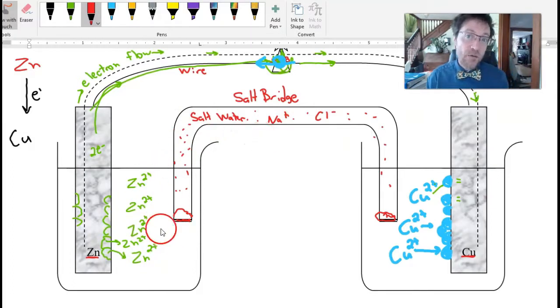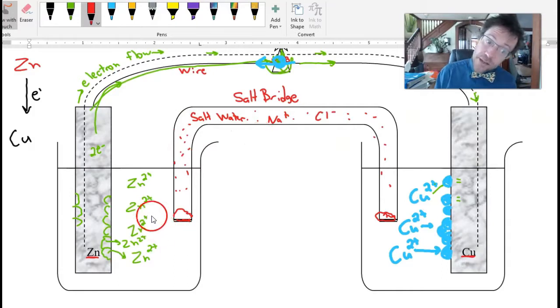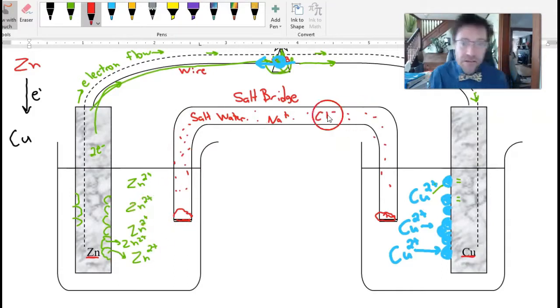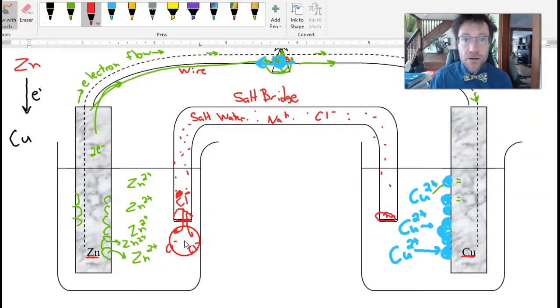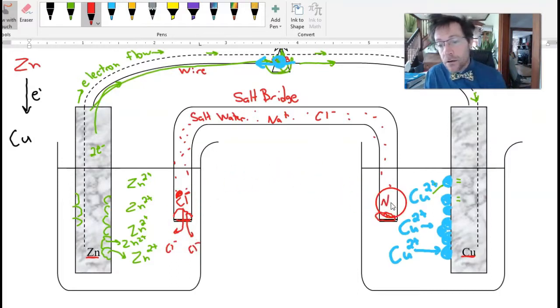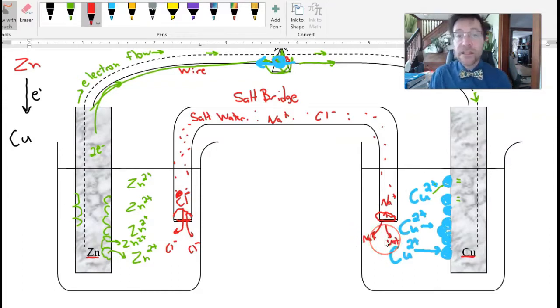As this side becomes more and more positive, we're going to get an inflow of chlorine ions flowing into here to balance the charge. And over here, we will have an influx of sodium ions. Why? To balance the charge. You dig what I'm saying?